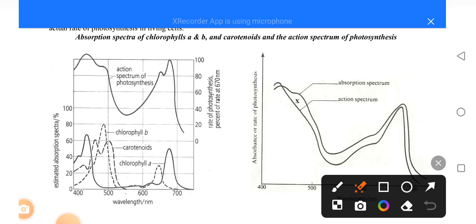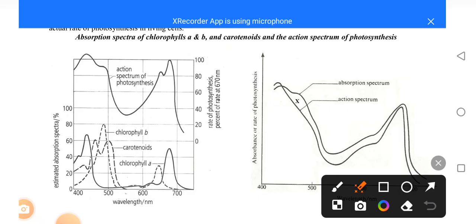Then the other observation: there are 2 absorption maxima, where we have 430 and 662 nanometers for chlorophyll A. So chlorophyll A reaches its maximum at 430 and 662 nanometers.